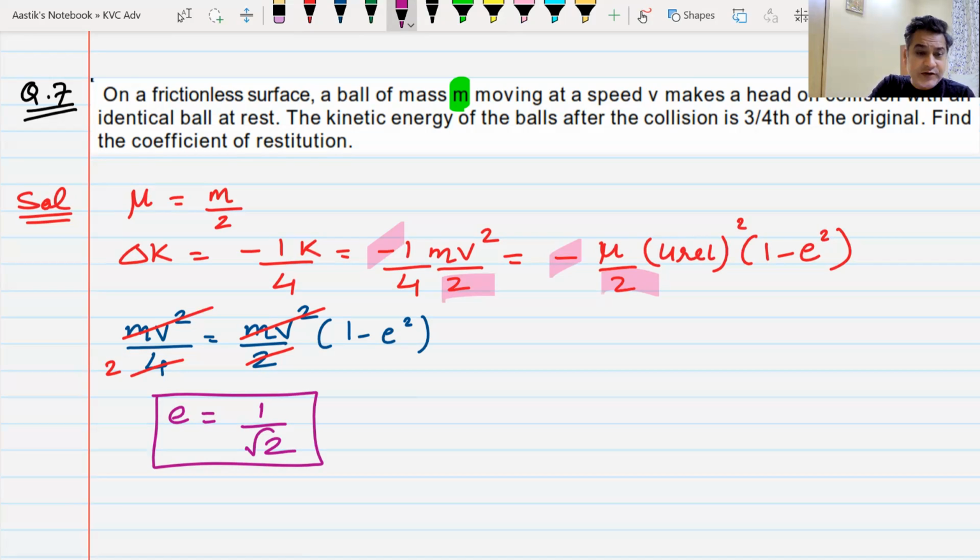So there could be questions where instead of asking you the velocities after collision, they could ask you the coefficient of restitution.